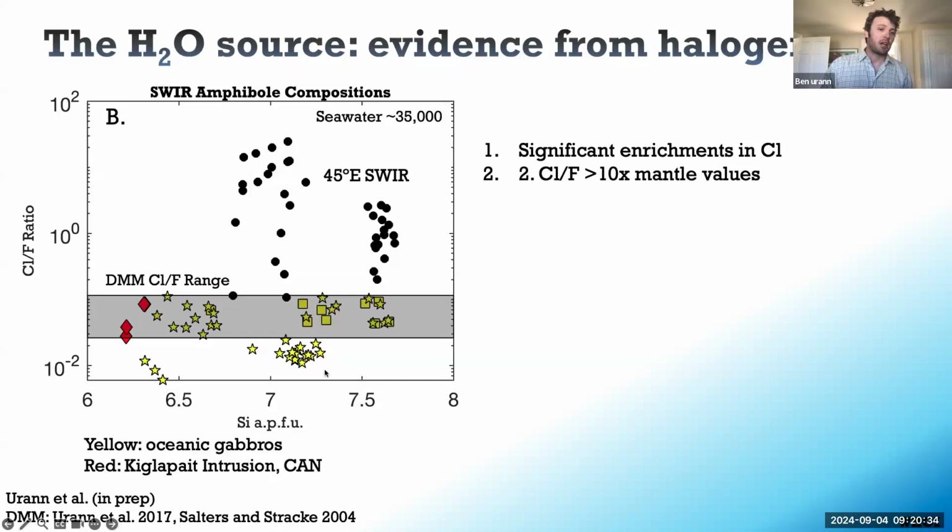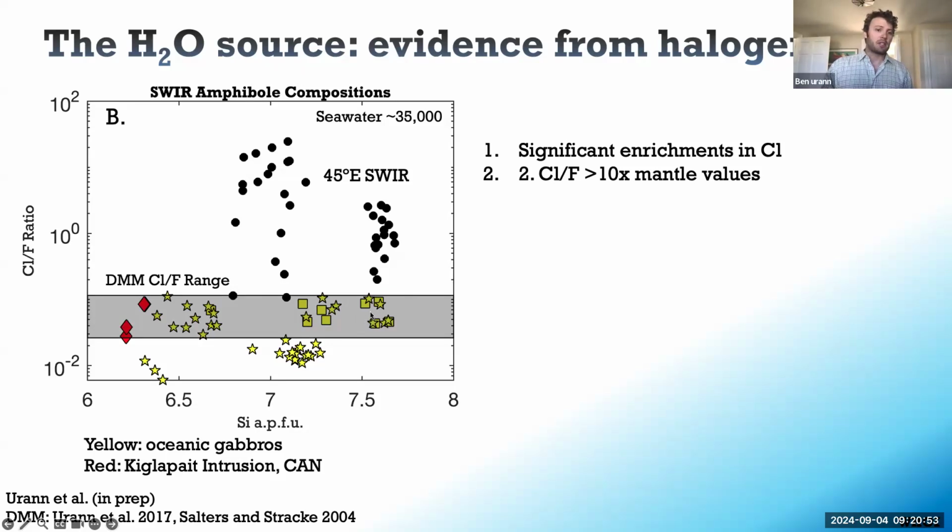Now, I've also shown on here for comparison some magmatic amphibole from some oceanic gabbros that I also analyzed for this study, shown as the yellow squares and stars. You can see those define a relatively narrow range in this system.